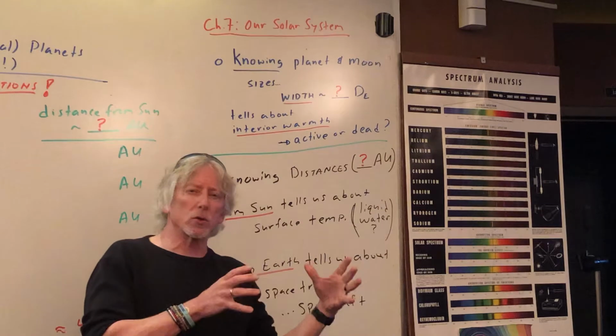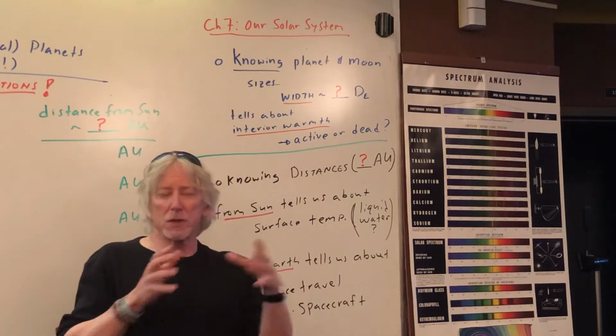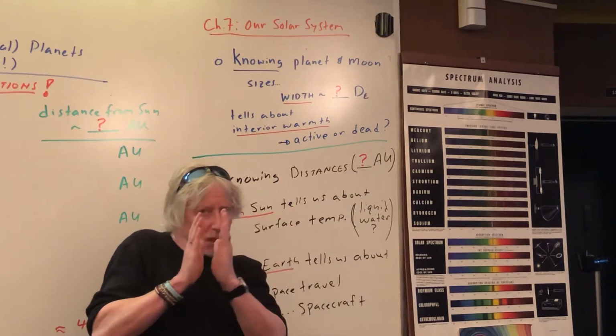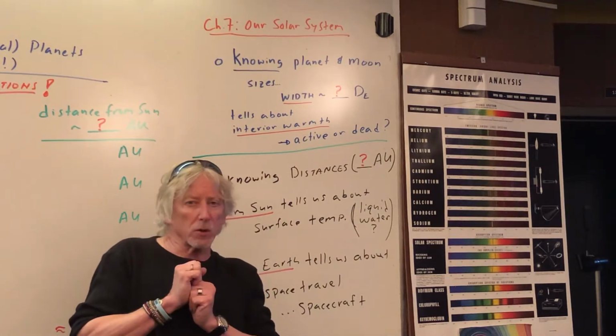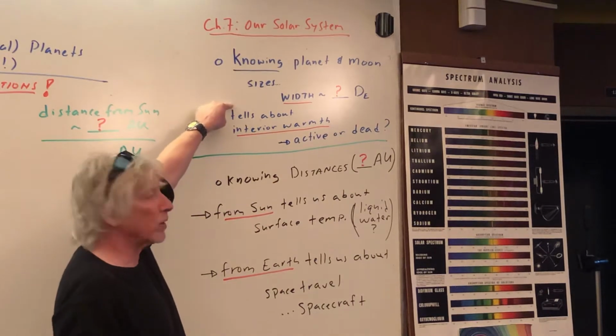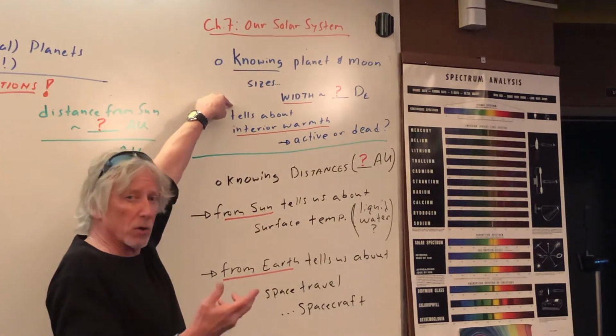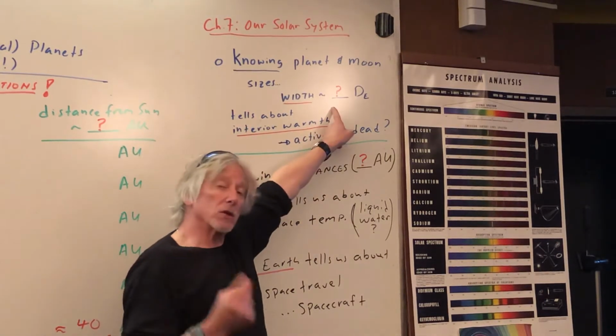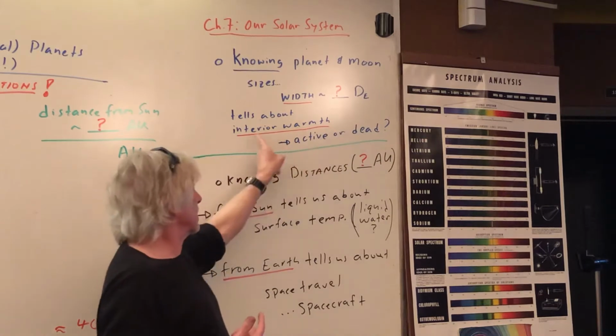We studied Earth, we studied Moon, we saw that contrast between Earth and then Moon, quite a bit smaller, and we talked about that before. So if we look at Mercury, Venus, Mars, other moons, knowing that width will give us a good clue about its interior warmth.